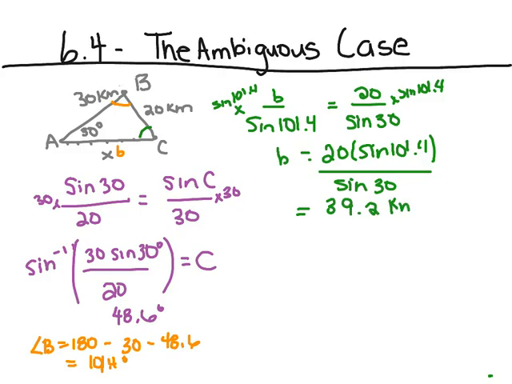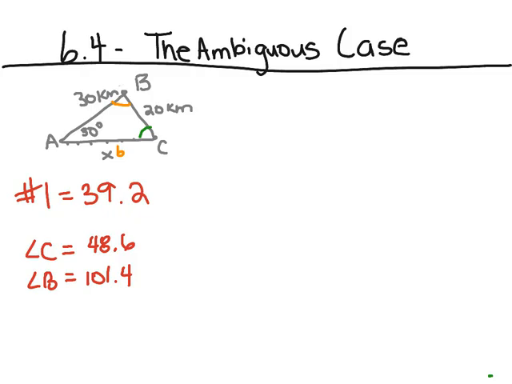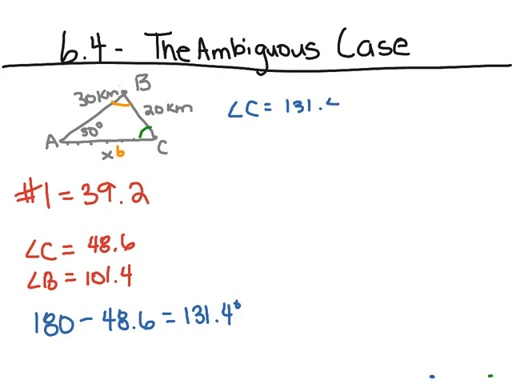is 39.2 kilometers. If we want to find our second triangle, we're going to take 180 minus 48.6, and we get 131.4. So for our second triangle, angle C equals 131.4, and angle B will be 180 minus 30 minus 131.4, which is 18.6. Now we use this B to find our other length.